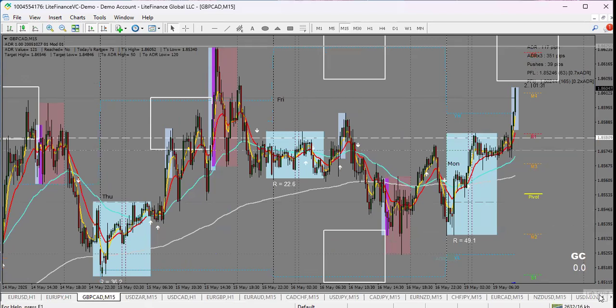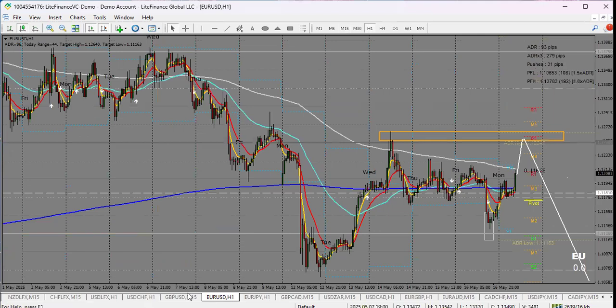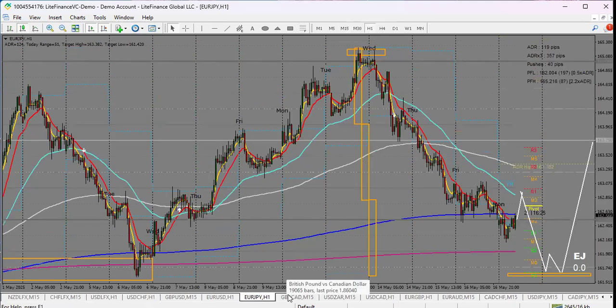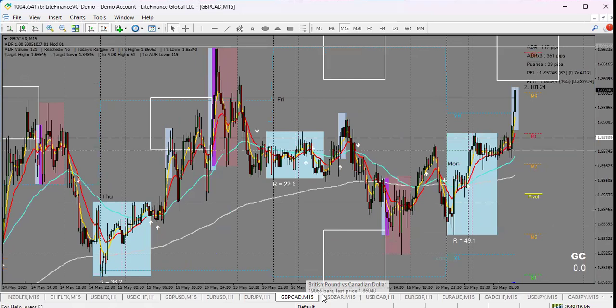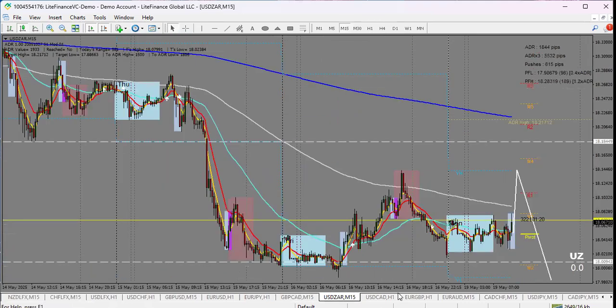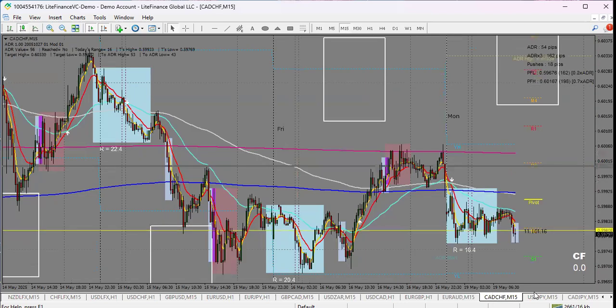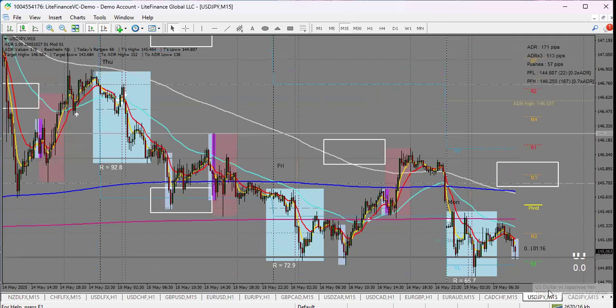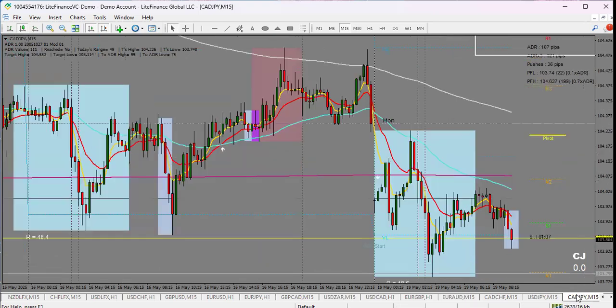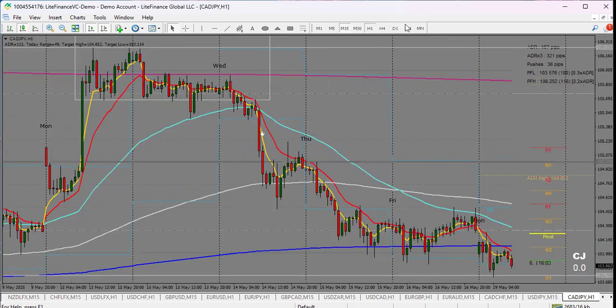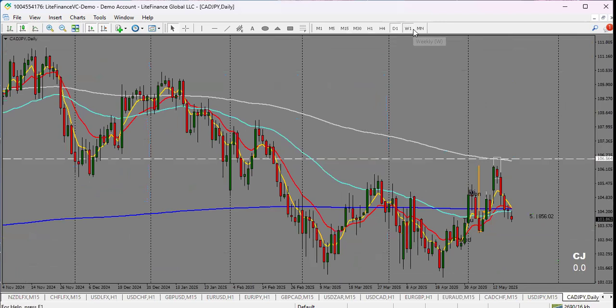But if you are trading the London session, a few opportunities have been seen. Rather, you should be looking for trades very early after the Asian session, or you should also be looking for trades right after, on the late New York session. So those are the times that you should be looking for trades.